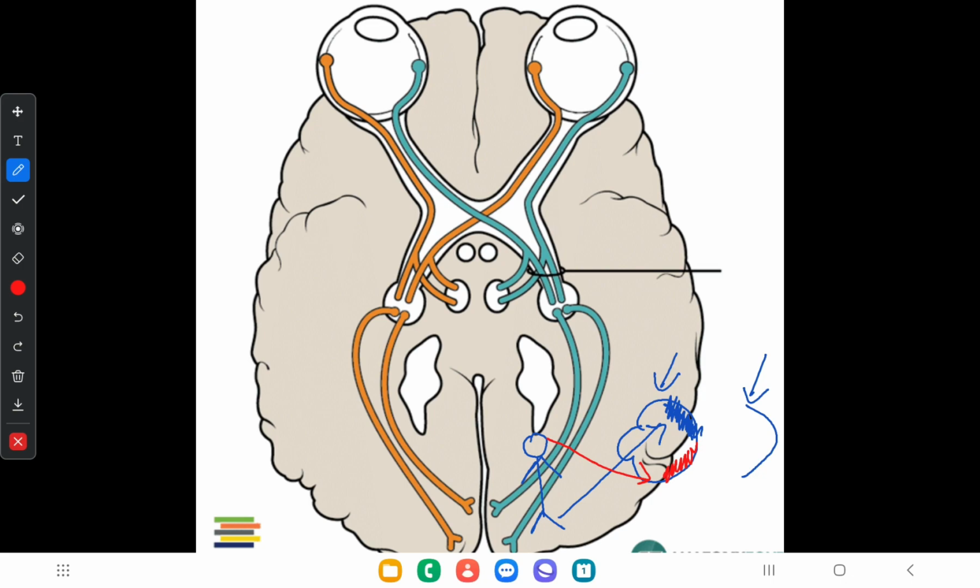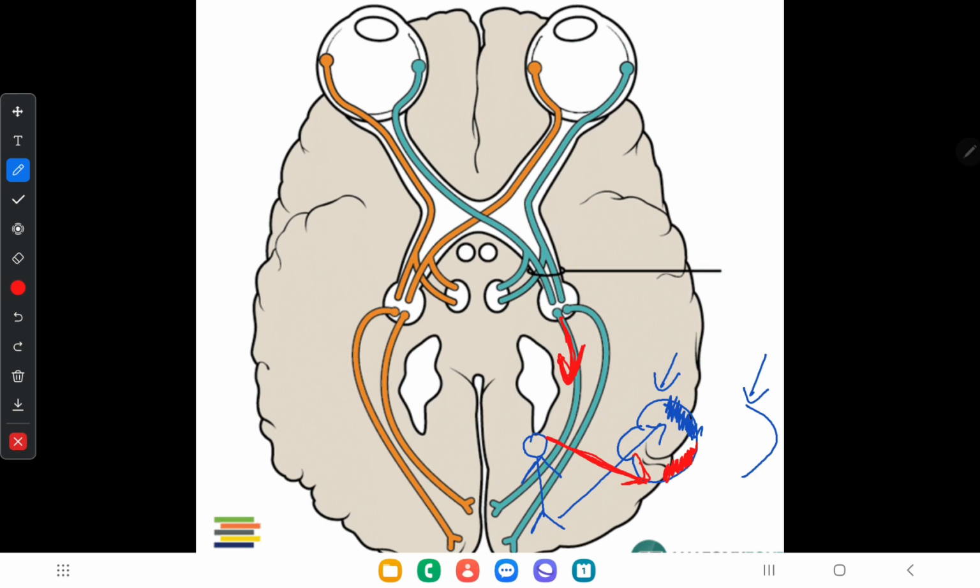These fibers carry impulses from the inferior retinal quadrants representing the superior visual fields. Imagine this is the lower optic radiation. This carries lower retinal fibers representing the superior visual field.